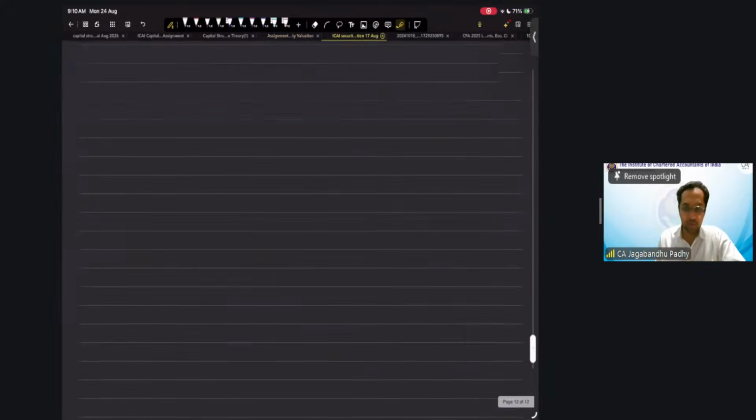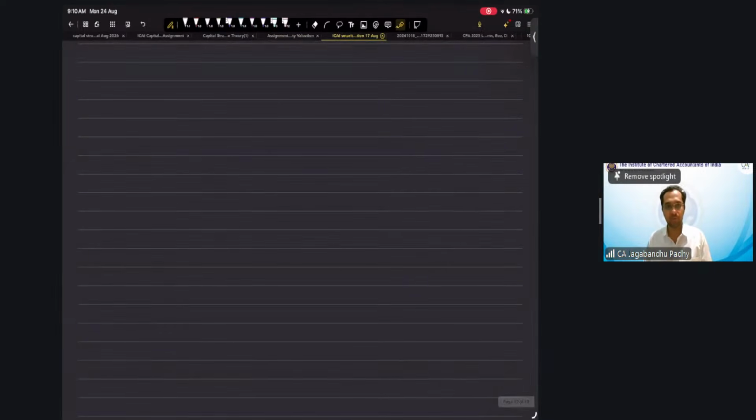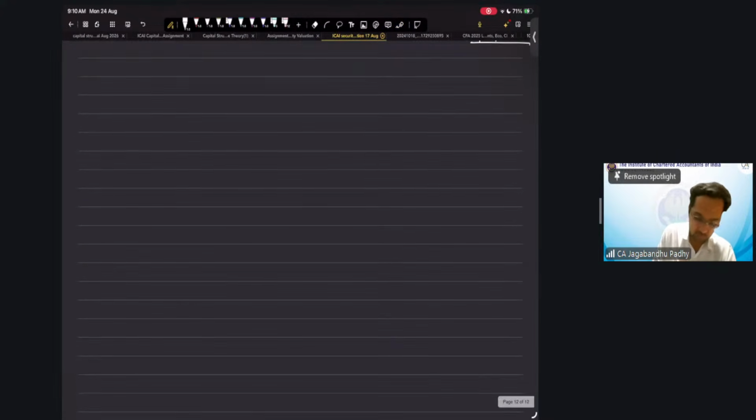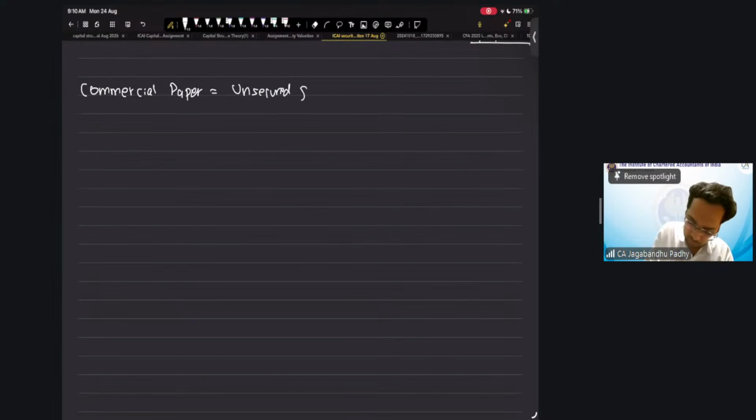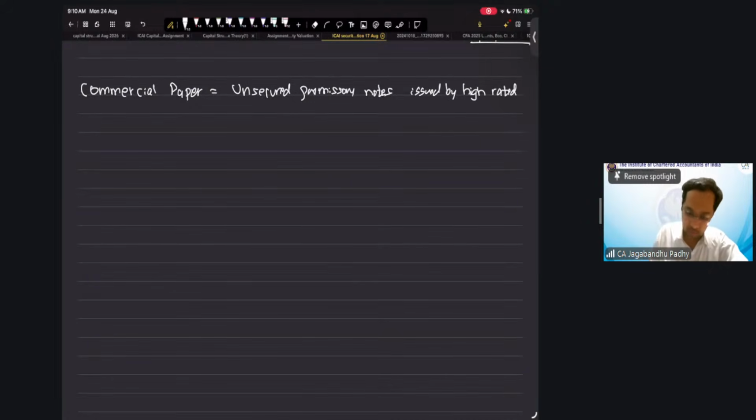When we talk of commercial paper, these are unsecured promissory notes, which are issued by high rated corporates.